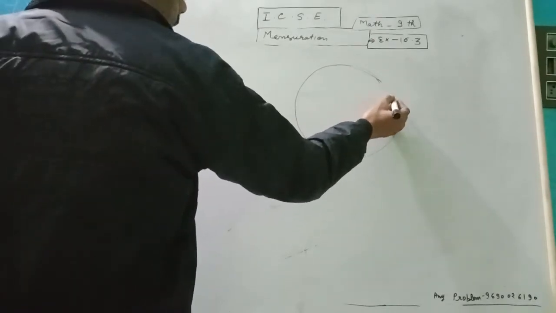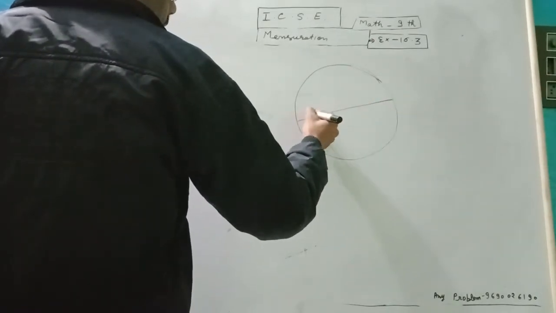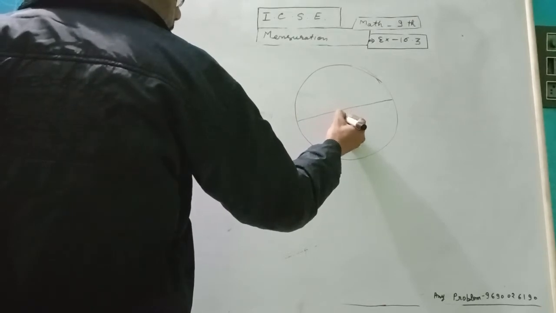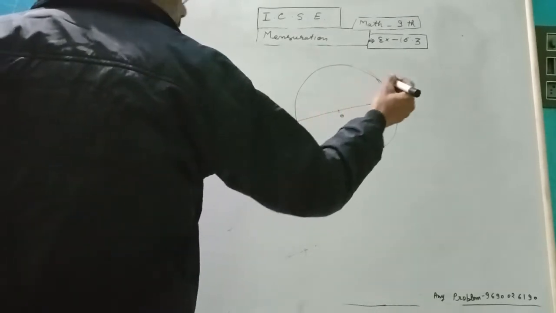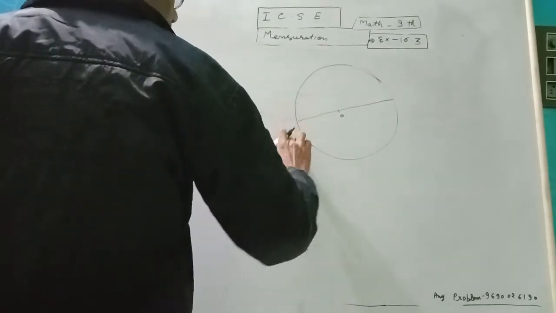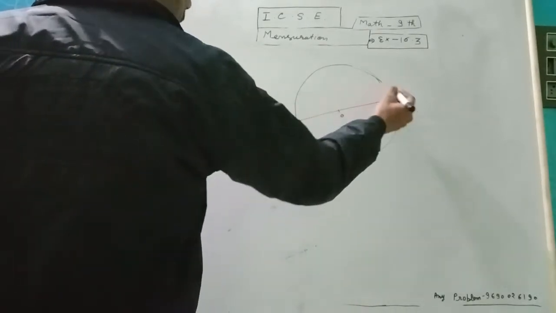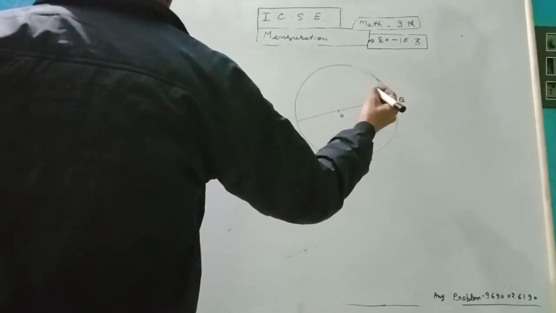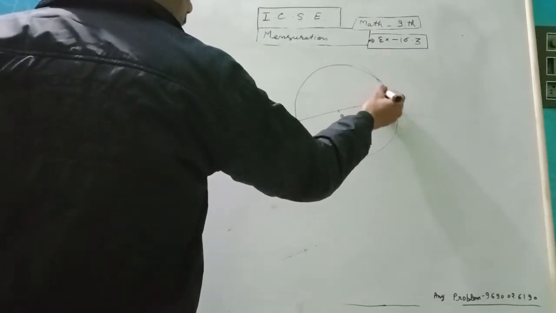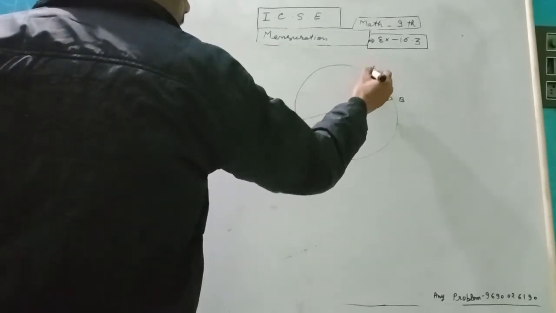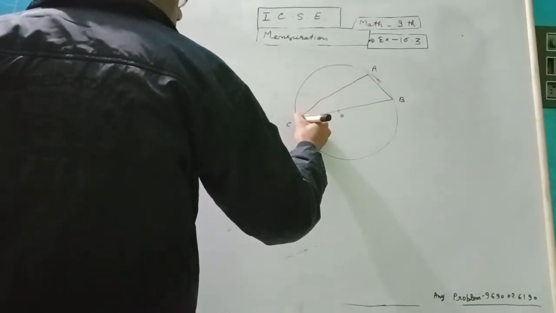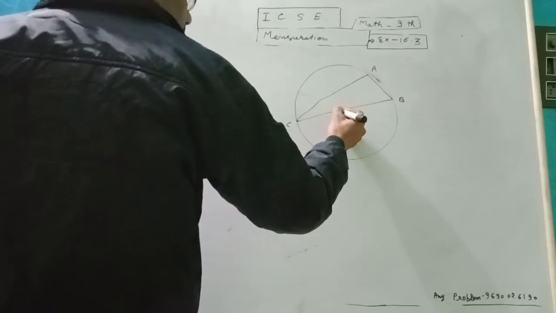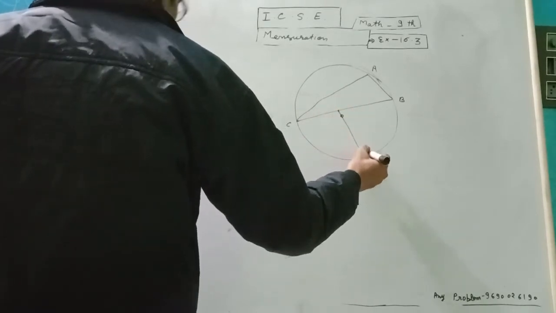BC is the diameter. ABC is a triangle without shaded, and a quadrant.